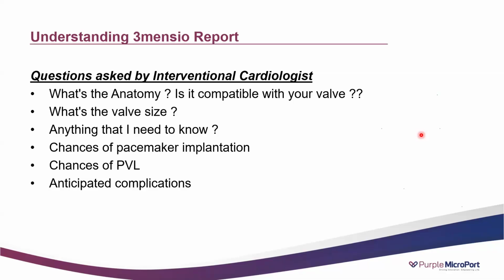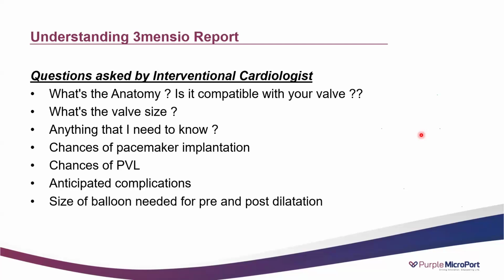In case there is any femoral rupture, they can easily implant a self-expanding covered stent there to close the defect. So the 3mensio report will give you all the basic information: what the valve size is, what the anticipated complications are, which route you should take, left or right femoral artery, and also the angulation of the valve and what challenges an operator may face during the course. Accordingly, they are prepared well, right?